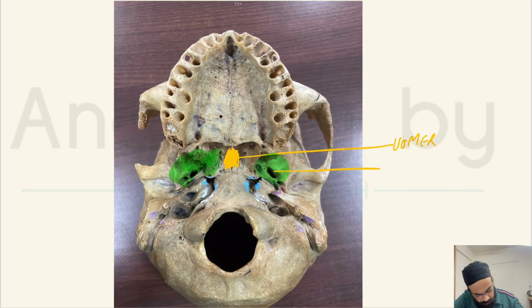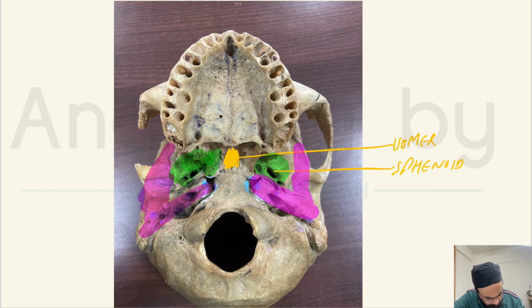This is sphenoid. Then you have this bone. This is temporal. So we will talk about these bones and the foramens in these bones for now.